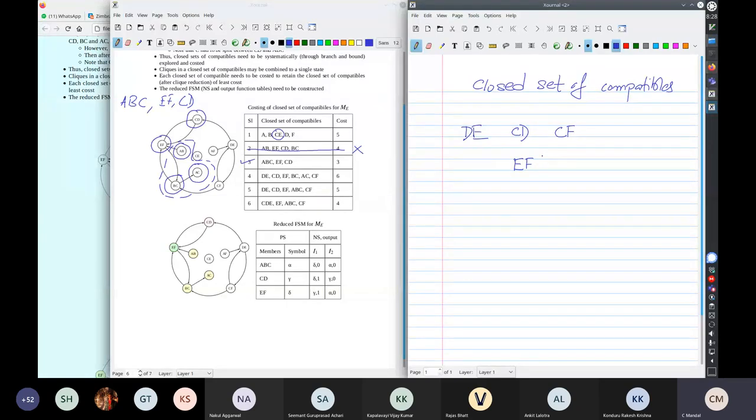And then you have to take BC, and you also have to take AC. All right. So you need to take these. So this is a closed set of compatibles. Do you have any clique over here? Let us see.